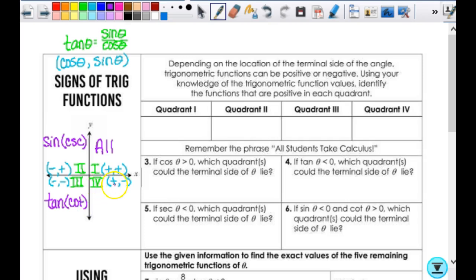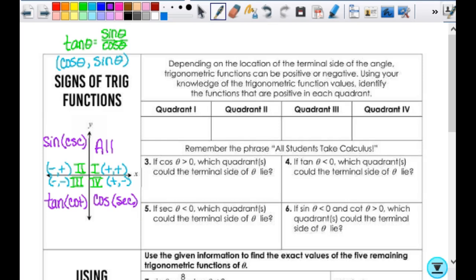In quadrant 4, x is positive, y is negative. So cosine is positive, sine is negative. When I do tangent, sine over cosine, that's going to give me negative over positive, which makes the tangent negative. So in quadrant 4, the only thing that's positive is cosine and its reciprocal, which is secant.